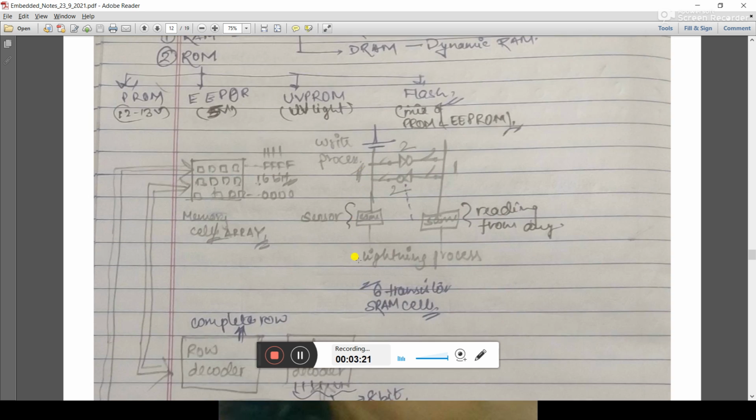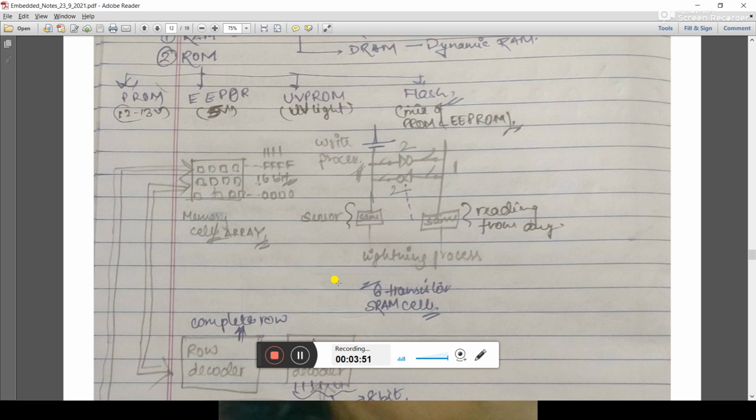There are arrays of memory, and there are many types of arrays. Here you can see a diagram of the memory, and these two inverters provide the data which needs to be sensed by these two blocks, the sense amplifiers, which are used for reading the data.